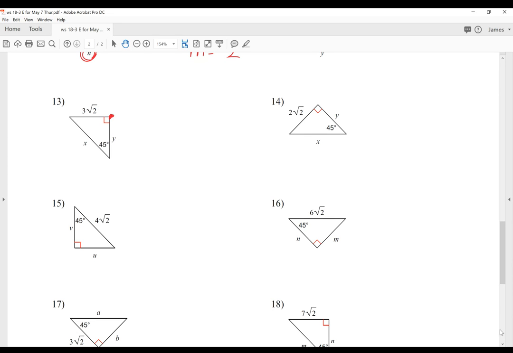Okay, so legs are equal. So y is equal to 3 square root of 2. Done. Nothing to multiply. Hypotenuse, which is that one. So hypotenuse is leg times what? Not 2 square root of 2.